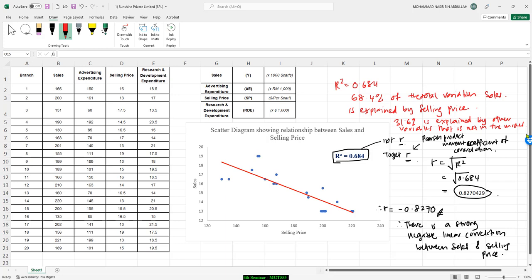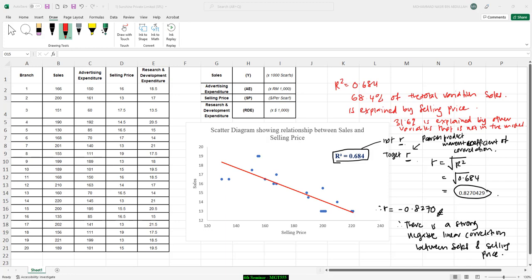I need response, before I go further to linear regression. Linear regression is a bit messy, sikit nak faham. Boleh faham? Do you understand? I need response. Alright, good.